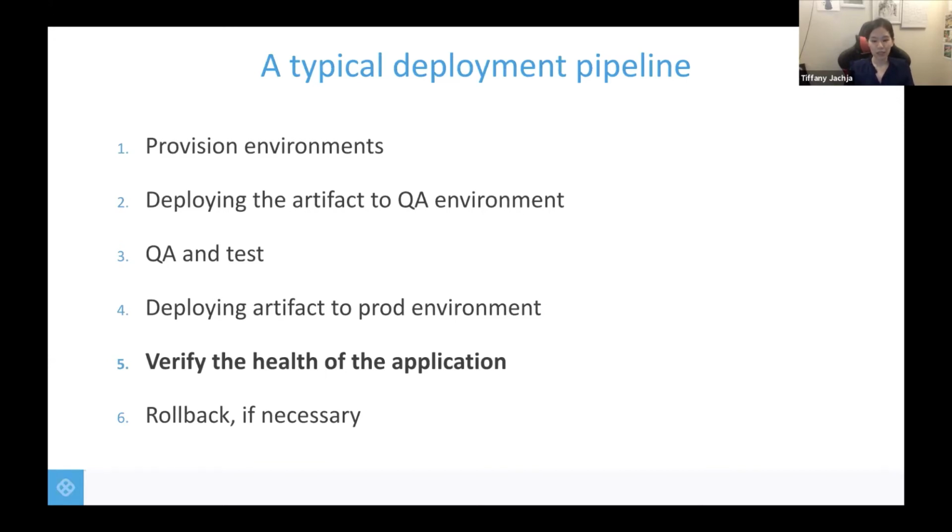And a lot of times, pipelines won't include the last 5 and 6 steps, right? And so that's the focus of this talk: how do we want to verify the health of our applications so that we can verify that our deployments are working soundly. And as we've heard in the keynote, this lack of automation around verifying deployments is actually pretty uncommon.